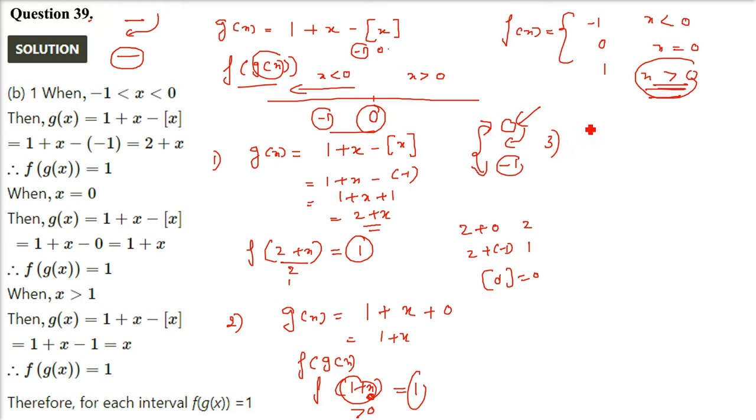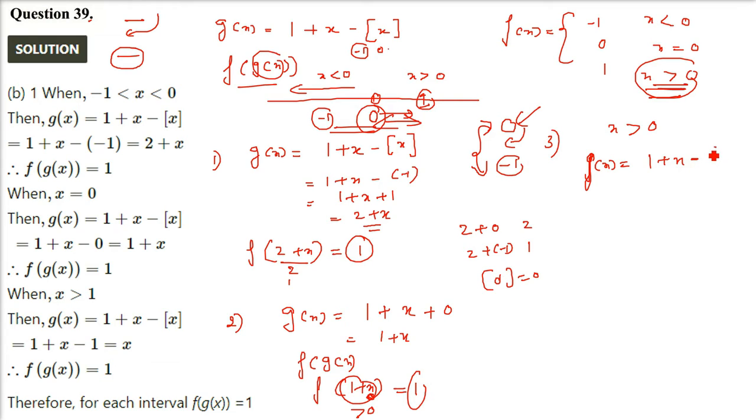Now coming to the third interval. Now x is greater than 0. We are taking the interval where x is greater than 0. So when you start with 0, what is the next value you are going to get? 1. And when you try to find out the greatest integer function between 1 and 0, it will be the lower value. And what will be the lower value? It will be 0.